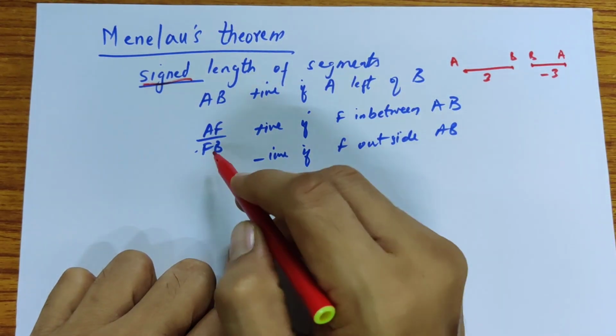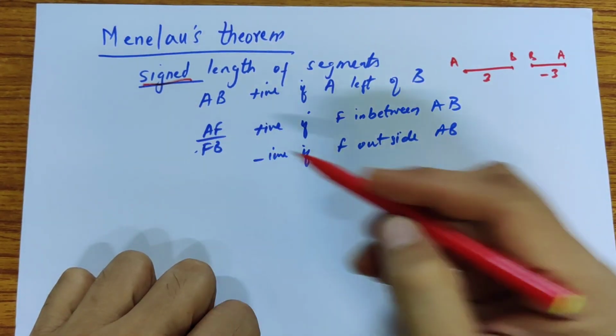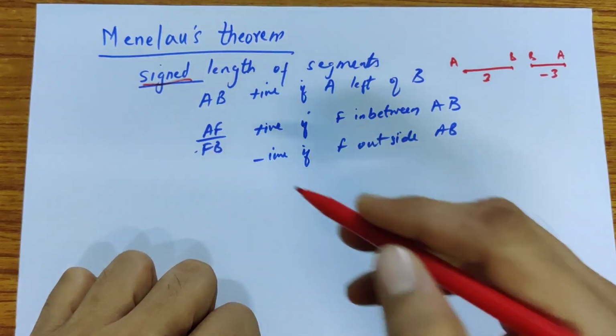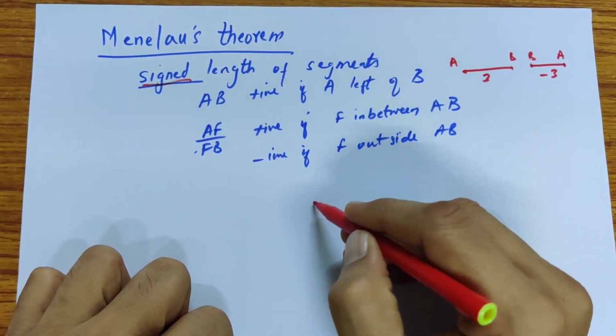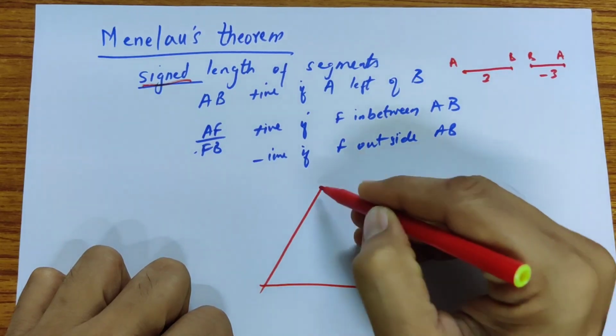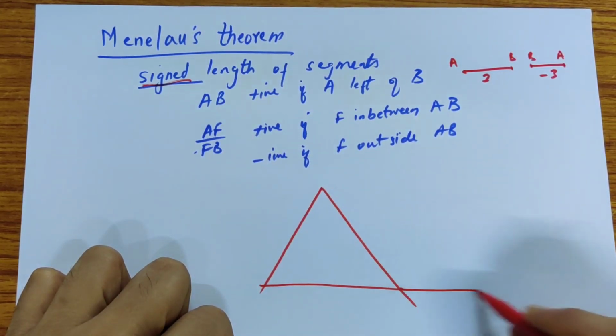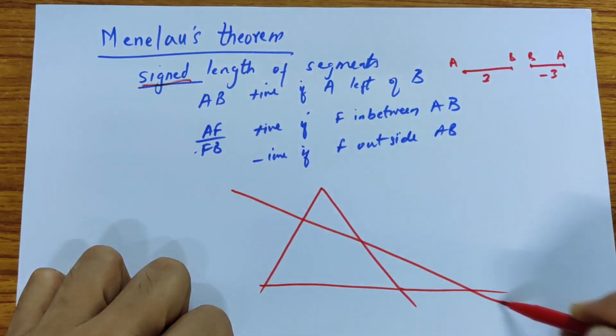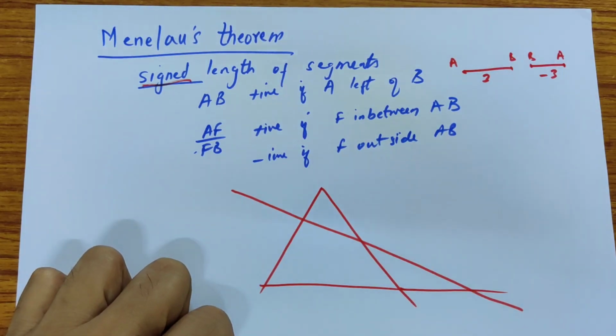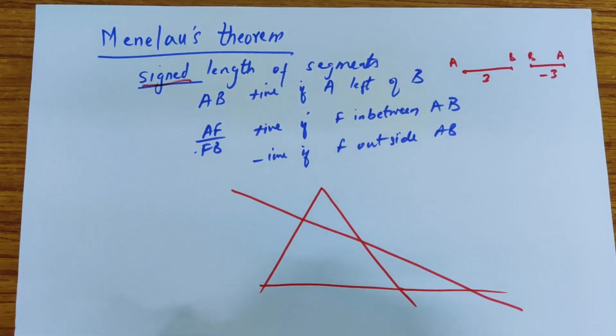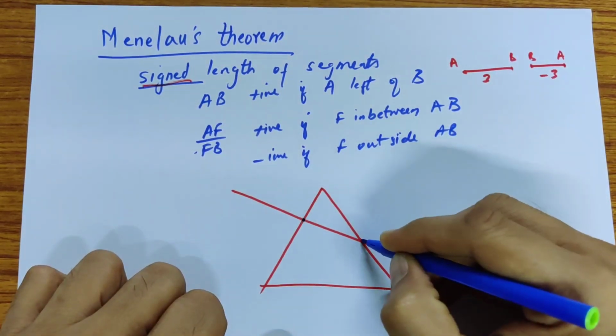The way to make sense of it is that if you have a ratio, Menelaus's theorem is about a line. This is not the same as Ceva's theorem. There are no 3 lines, there's a single line, and you want to know what are the 3 points it intersects.